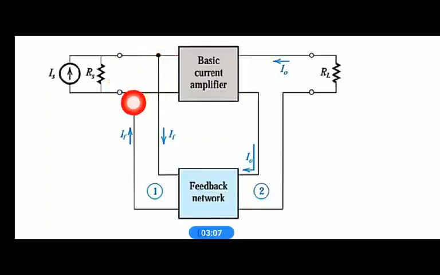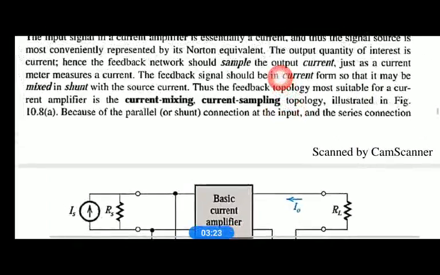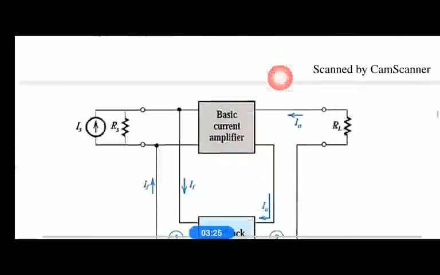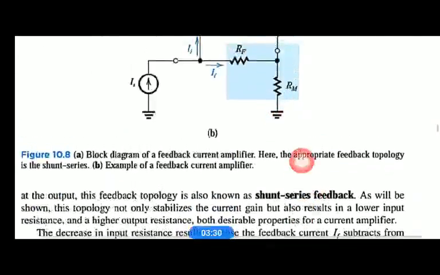This is a parallel, shunt connection. Therefore we call this shunt at the input, series at the output: a shunt-series feedback network.